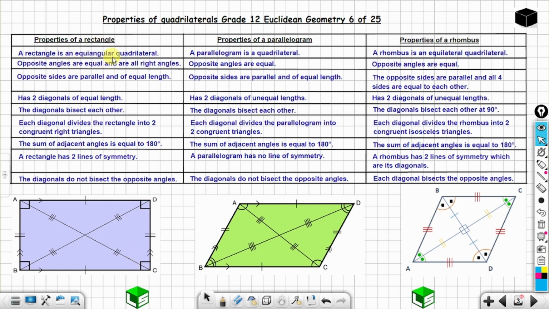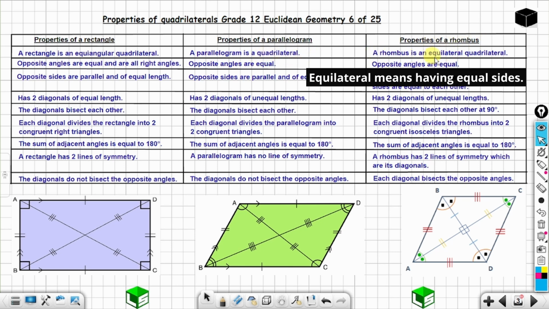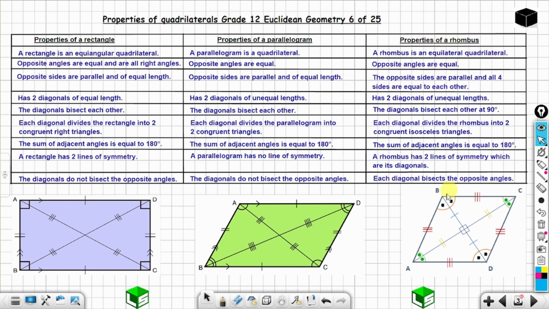A parallelogram is a quadrilateral, and a rhombus is an equilateral quadrilateral. Equilateral meaning all sides are equal. The four sides are equal to each other. Equilateral meaning all sides are equal. Equiangular meaning all angles are equal.